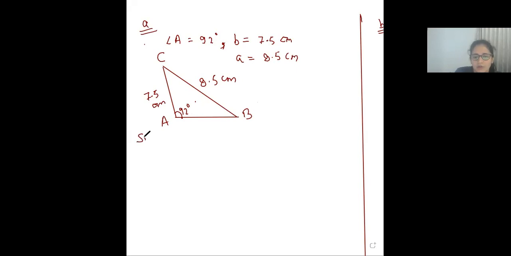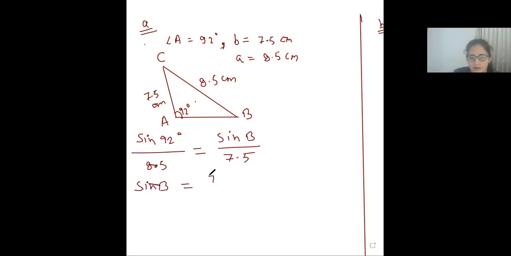So what do we have to use? Sine rule. Sine 92 degrees over 8.5 is equal to sine B over 7.5. So from here, sine B is equal to 7.5 sine 92 degrees divided by 8.5.